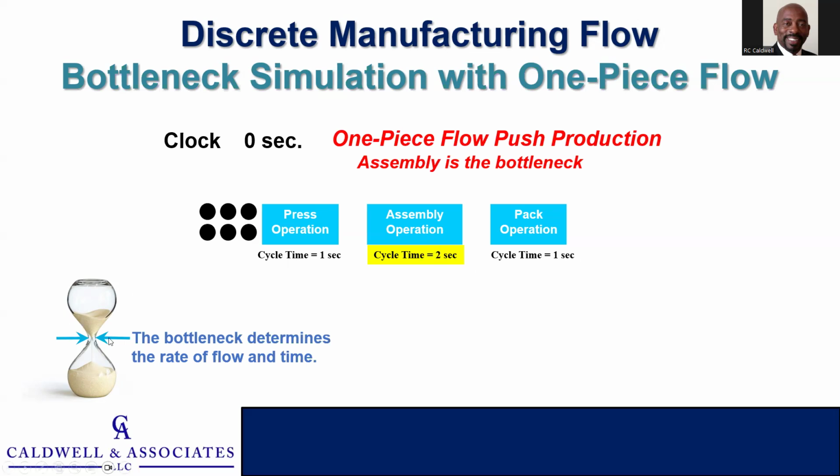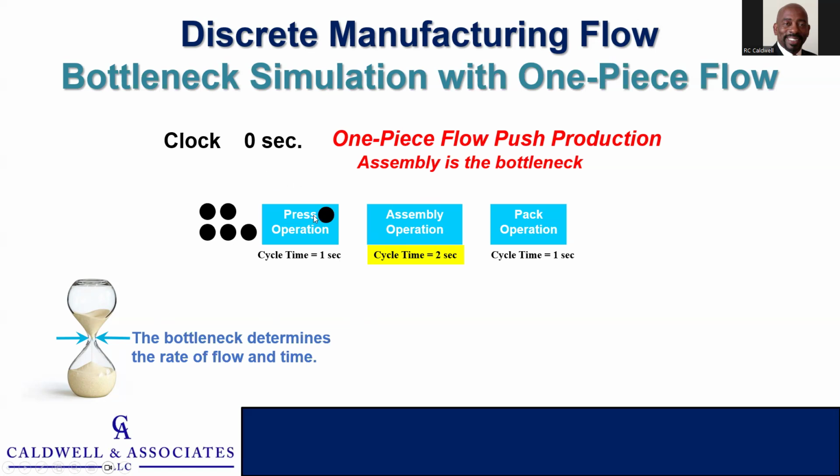The term comes from the hourglass. The sand going down determines the hour. It's the same thing with bottlenecks in manufacturing. This 2 seconds is going to determine the rate that's coming out of packing. So let's see if that's true.